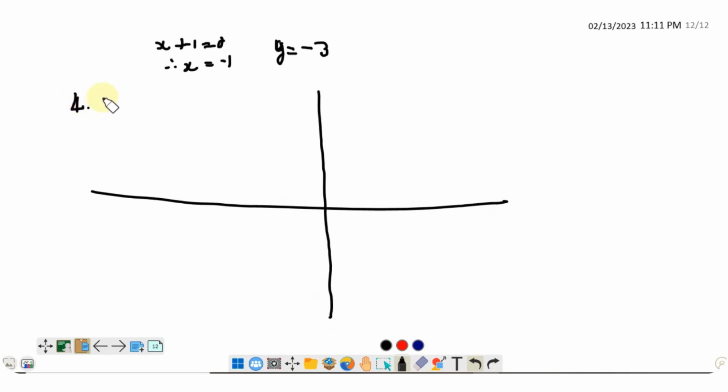This is 4.1.3. So let me do the asymptotes. This is negative 1, and this is negative 3. There we go. And for the graph, we know it has to be in quadrant 1 and quadrant 3.